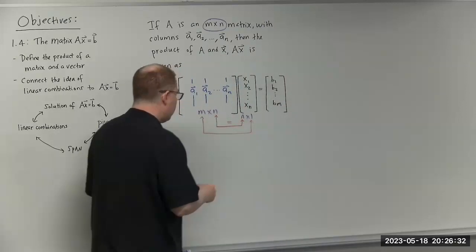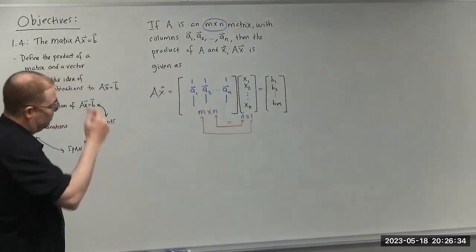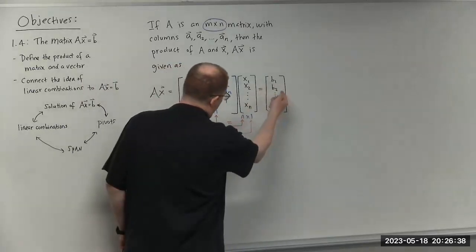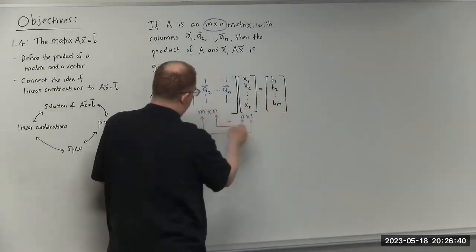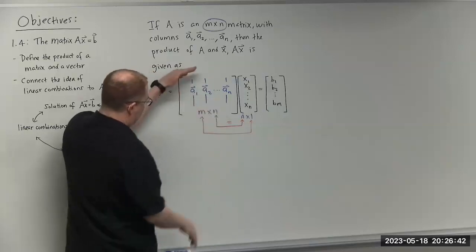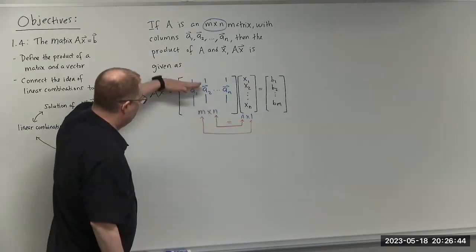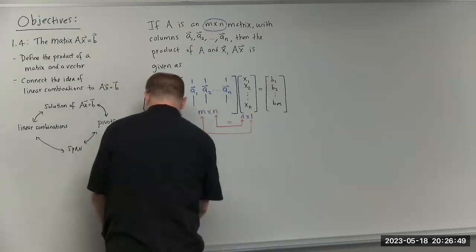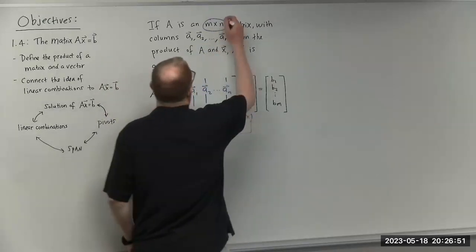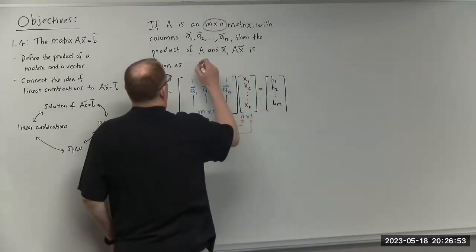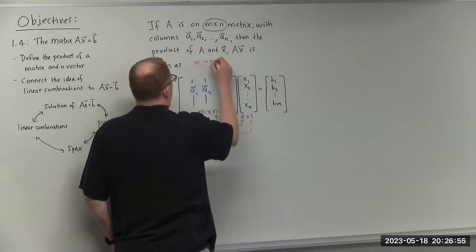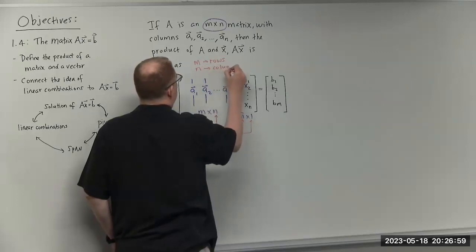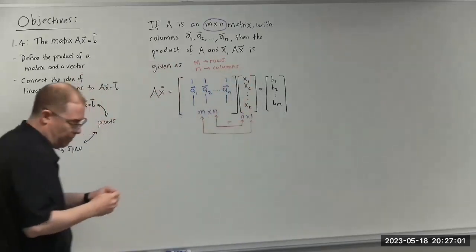Again, the vector B should have m entries, 1, 2, 3, 4, all the way up to m, because we have m number of rows here. Okay, that's what we're assuming. Rows, and n is columns.